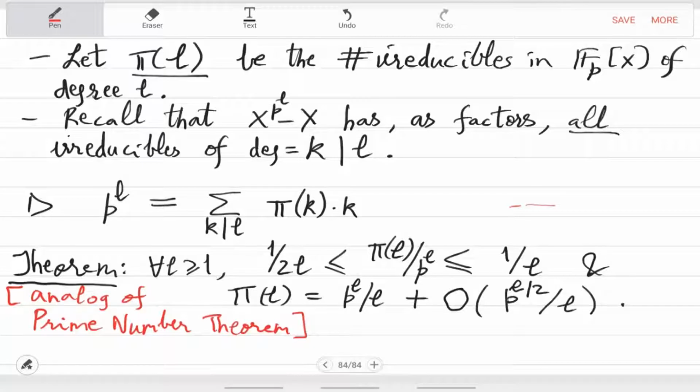Let's call this the recurrence, let's call it R. So we will use the recurrence R to prove this. It's a proof in a few lines.